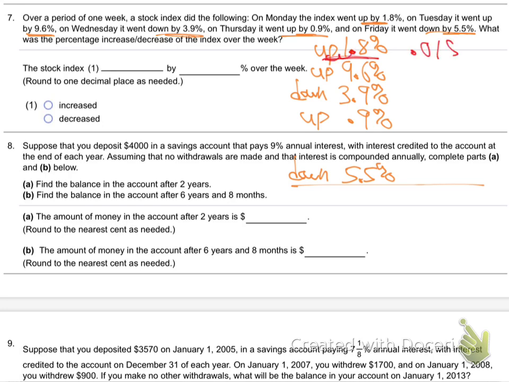This is 0.018. This is 0.096. This is 0.039. This is 0.009. See how that one went 2 places back, brought in 2 zeros? And this is 0.055. So first off, make them all decimals. Right? I just moved them all back 2 places. 1, 2, 1, 2, 1, 2.